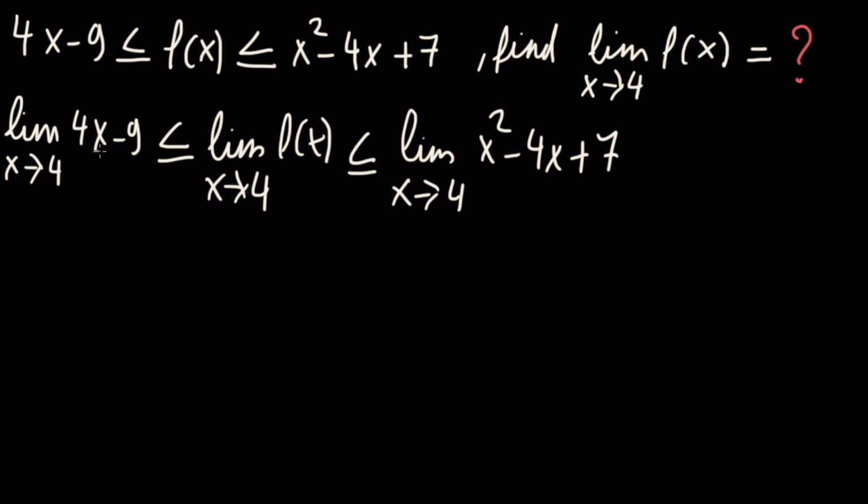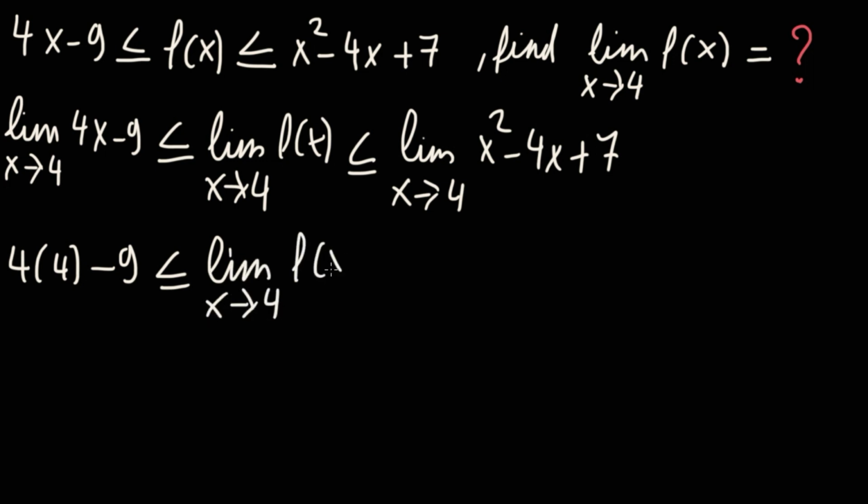So now we are going to replace the x with 4. So this will be 4 times 4 minus 9, then the limit as x approaches 4 of f of x, and then that will be 4 squared minus 4 times 4 plus 7.